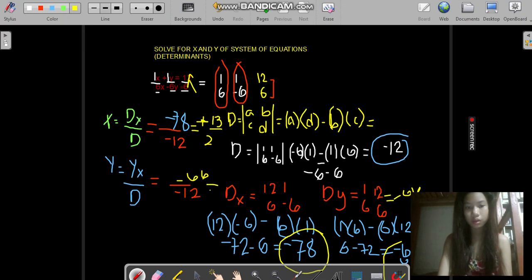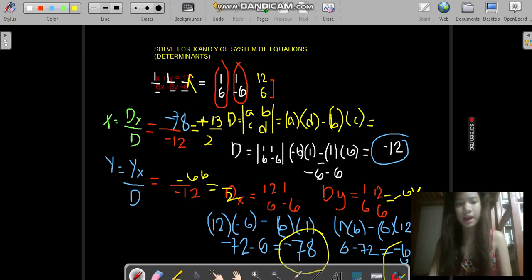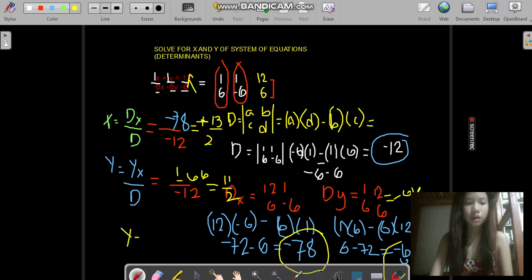And let me simplify negative 66 over negative 12. The answer is 11 over 2. So y is 11 over 2, and x is equal to 13 over 2.